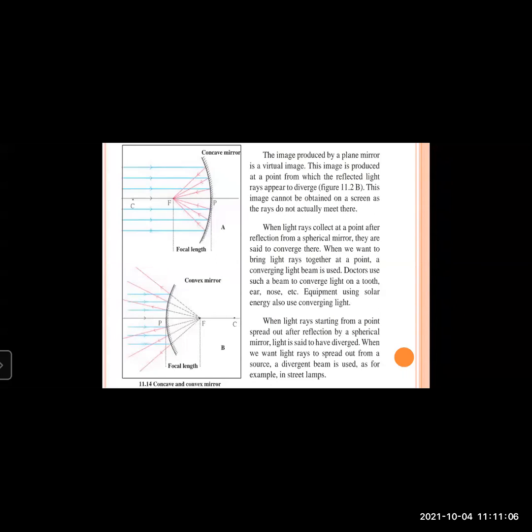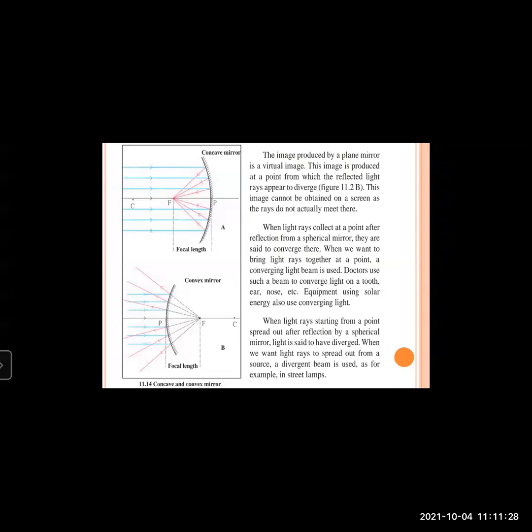All those reflected rays are extended by dotted lines and they appear to meet at some point called F, but they are not actually meeting. As we are extending them, the image is a virtual image. So this image cannot be obtained on the screen, since the rays do not actually meet here.